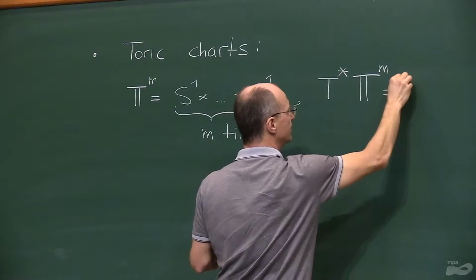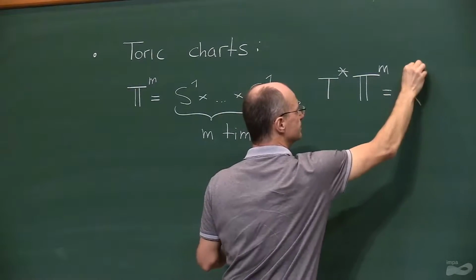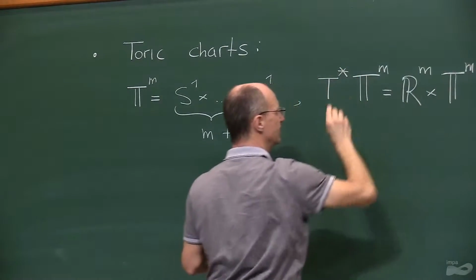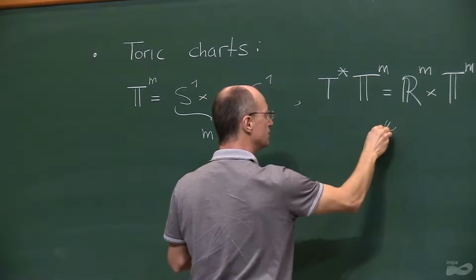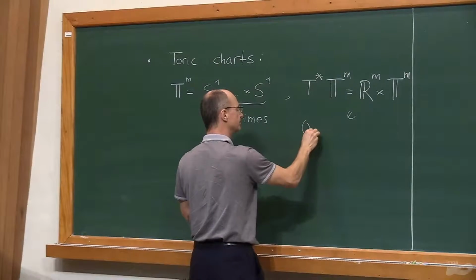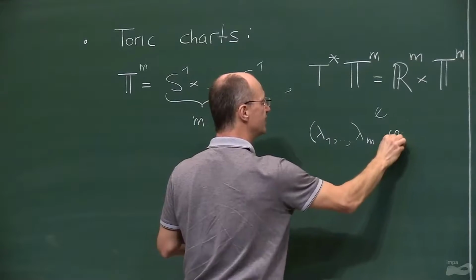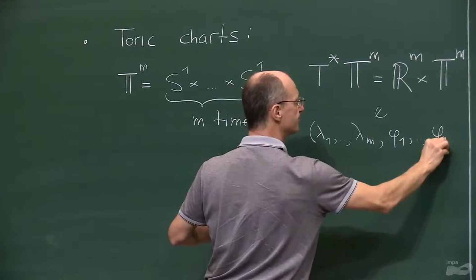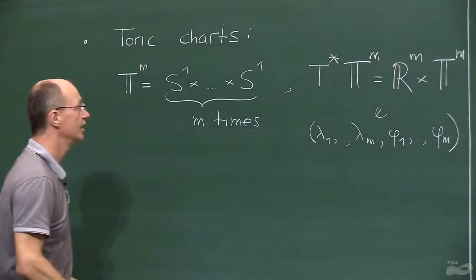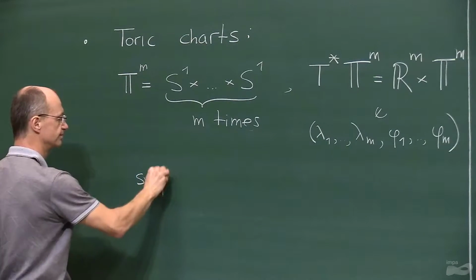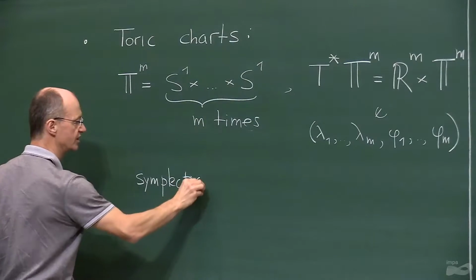So that's a product of R^m and T^m. Let's call coordinates lambdas on R^m and phi's on T^m. And then, of course, this cotangent bundle is symplectic.